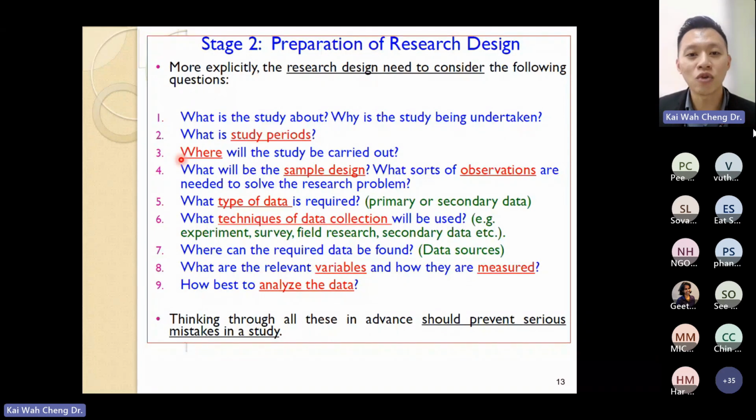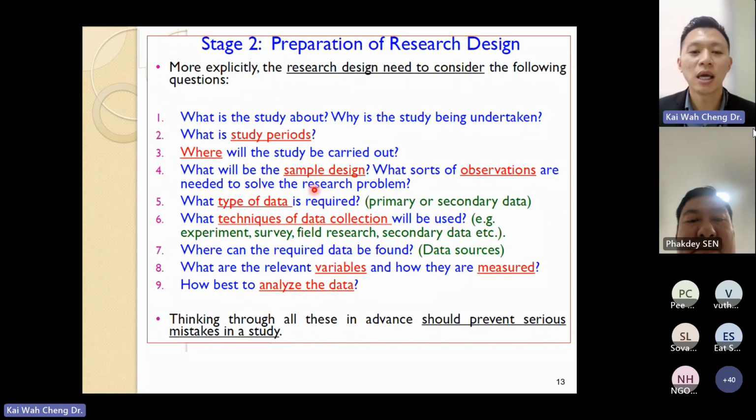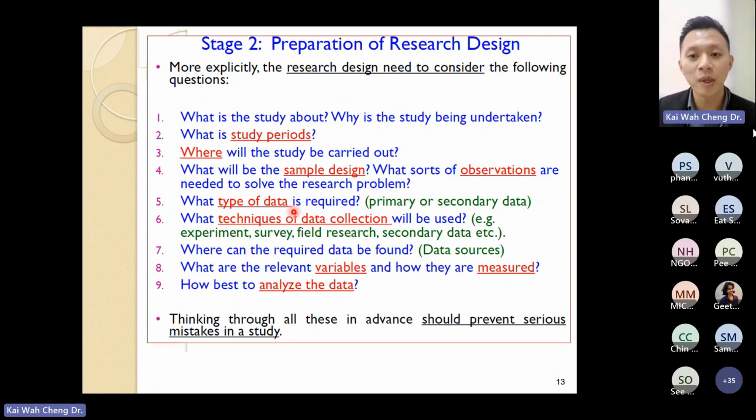And number 3, where is your research location? Number 4, how are you going to plan the research flow to solve the research problems? And then what types of data are you going to use to answer the research objective or research problems?